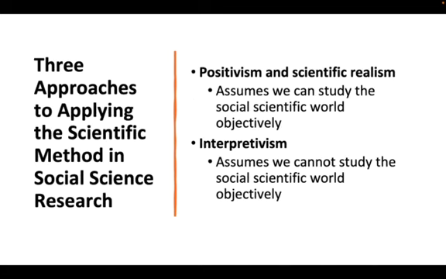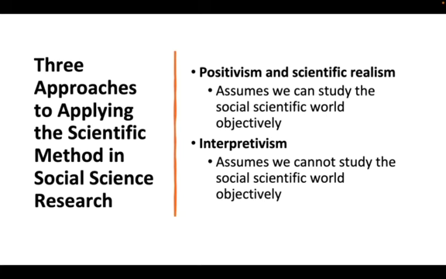So I've got three approaches that your book also examines for applying the scientific method in social science research. Now, positivism and scientific realism tend to go together. In other words, their key assumption is that we can be objective in studying the social scientific world.